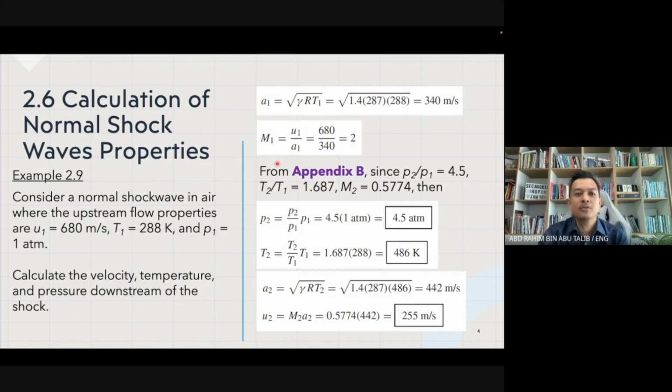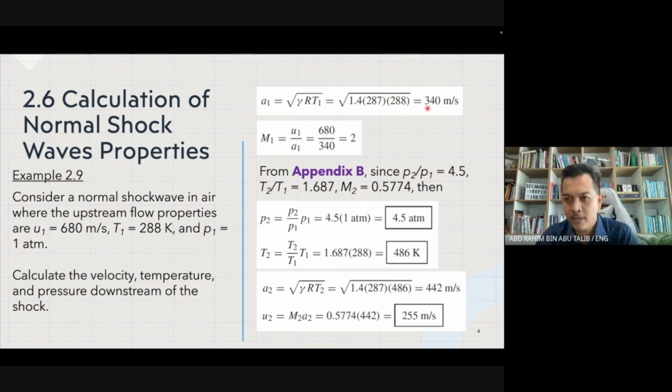As we know already, the expression for the speed of sound is A1 equal to the square root of gamma R T1. So you put in the numbers. We know that gamma for air is 1.4, the gas constant for air is 287, and the given temperature T1 upstream of the shock is 288 Kelvin.